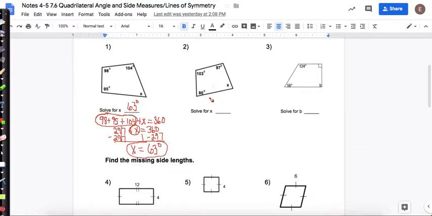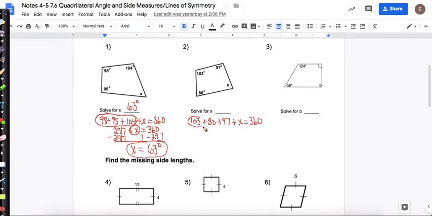So number 2, we have 103 degrees, we have 80 degrees, we have 97, and we have x. It doesn't matter which way I add them up. So we'll just go 103 plus 80 plus 97 plus the missing angle is going to equal 360 degrees because we know there are 360 degrees in a quadrilateral.